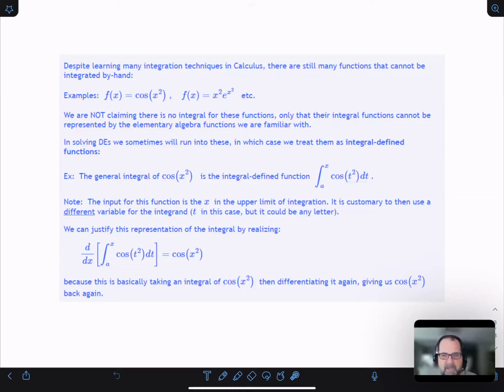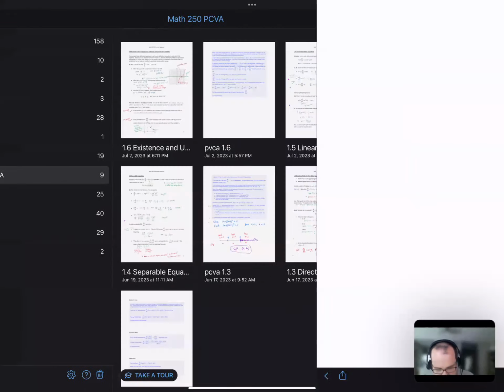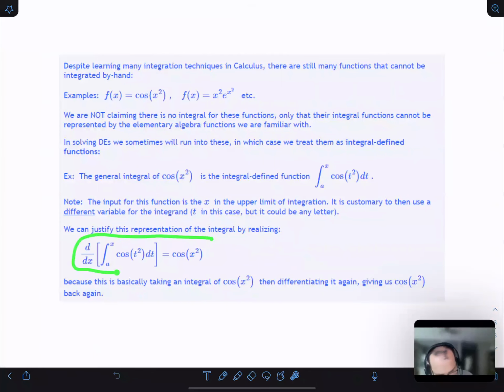Now, this seems a little complicated or confusing. Don't overthink it. It is much easier than it seems. This is pretty much a good justification of what we're doing here. If I take the derivative of this integral defined function, what do I get?